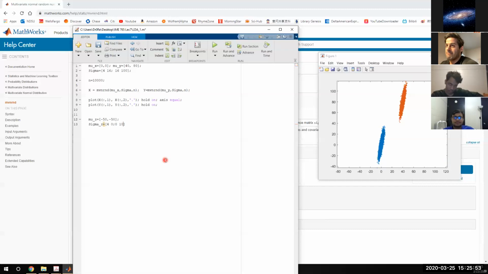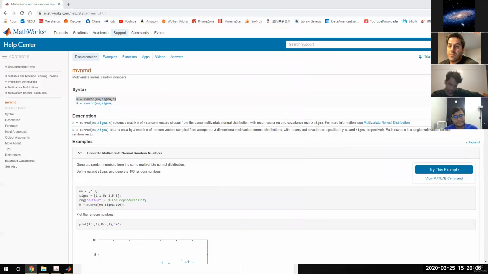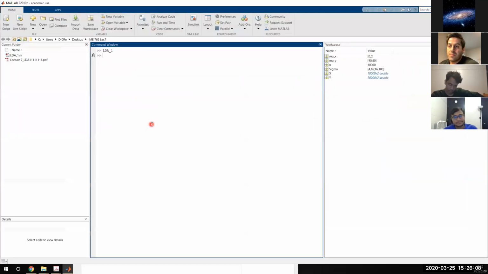In this case, let me build the sigma to be this. I don't have any covariance. The covariance is 0. Let me write it here in the MATLAB command window. Suppose I have sigma Z equal to, for example, 4, 0, 0, 10. What I mean is a matrix in this way.